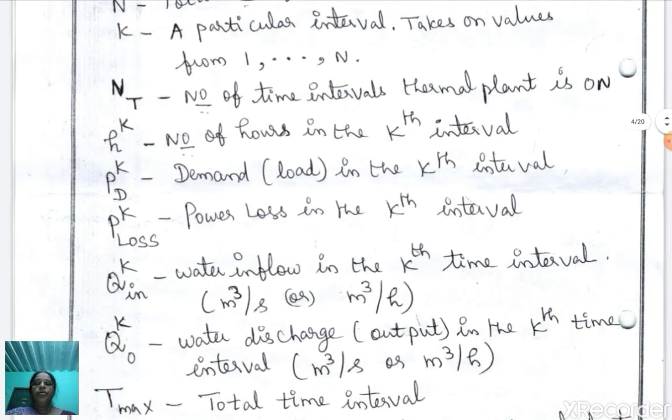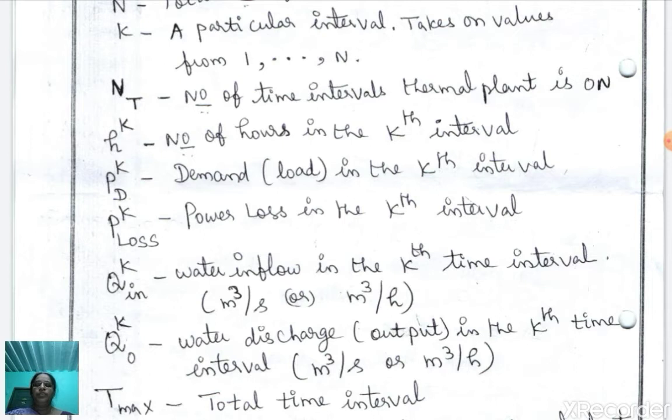H_k is the number of hours in the kth interval. P_D^k is the demand or load in the kth interval. P_loss^k is the power loss in the kth interval. Q_in^k is the water inflow in the kth time interval, in meter cubed per second or meter cubed per hour.